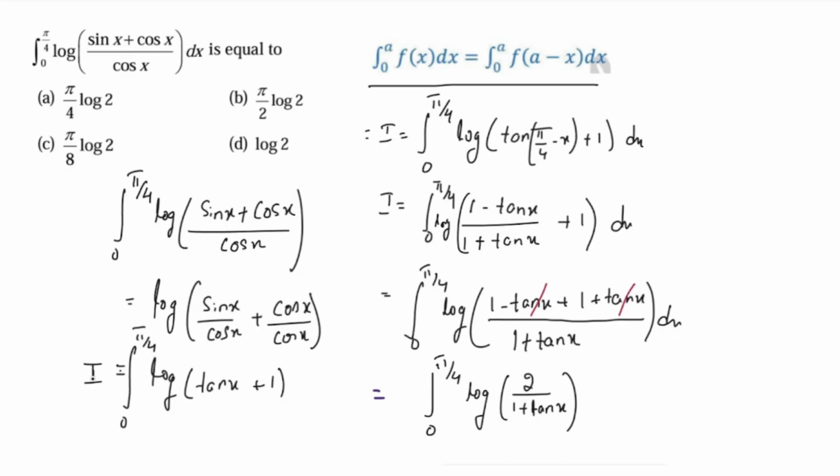Let us consider this itself as I. Now by using the log property, it becomes 0 to pi by 4 log 2 minus log of 1 plus tan x.